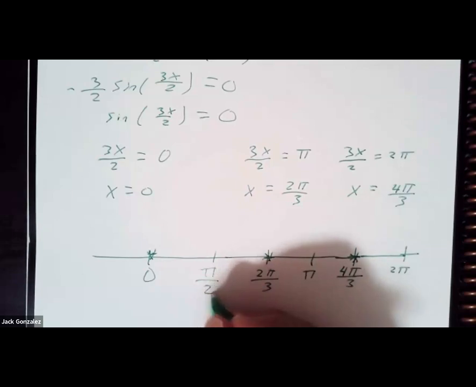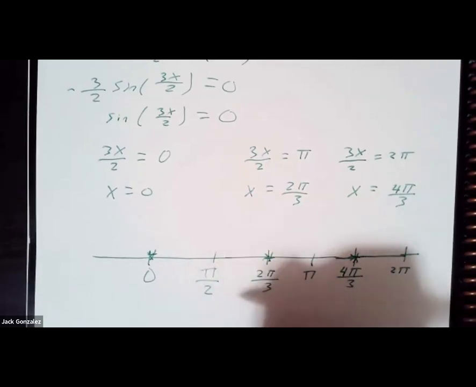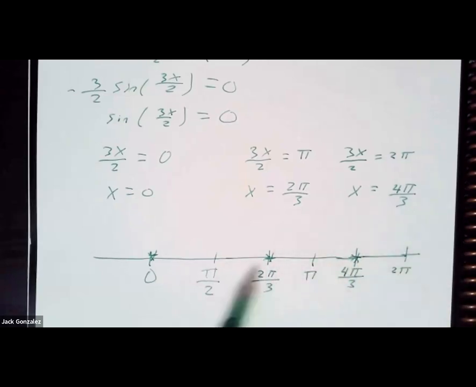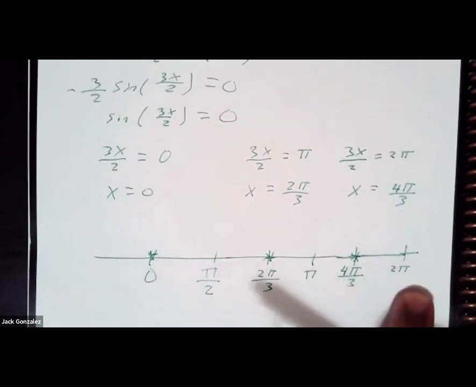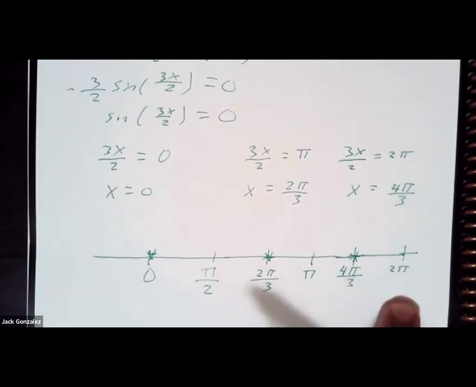I'm just trying to pick stuff that's easy on the circle. You could plug in decimals that are in between, right? You could say, what is 2 pi divided by 3? You get some number, plug in some decimal below that, because all we care about is the sign. I'm just being fancy. It doesn't matter. So you don't have to choose these. I just chose the best ones. That is not necessary. Okay.